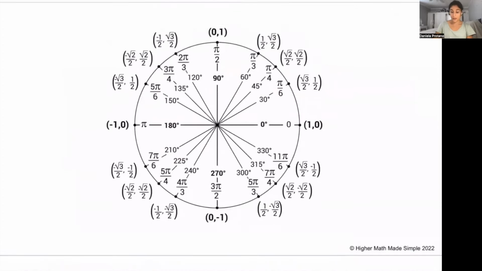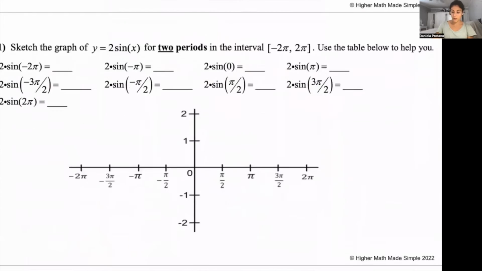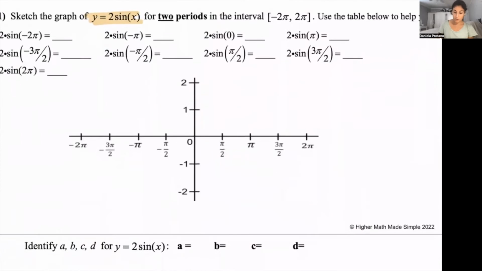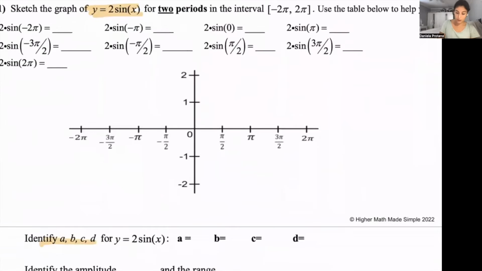We're going to be looking at the unit circle because I want us to actually figure out where it comes from. So the first one is going to be y equals 2 times sine of x. Now keep in mind what is different if we determine what a, b, c, or d is. What's another way that we can write y equals 2 times sine of x?